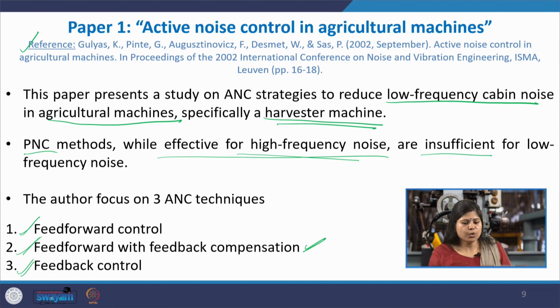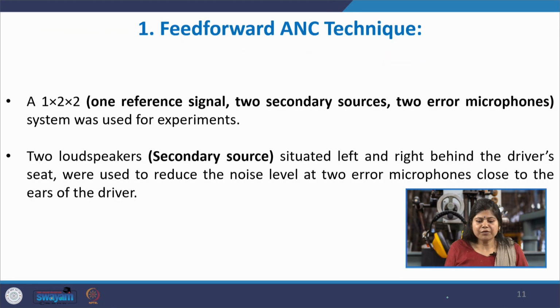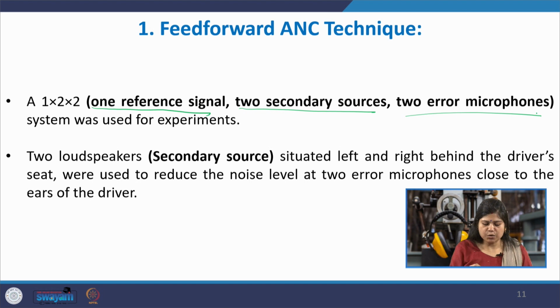So, all 3 versions were applied. For the feed forward ANC technique, a 1x2x2 system was used for the experiment. It was tested using 1 reference signal, 2 secondary sources, and 2 error microphones. 2 loudspeakers were used, situated on the left and the right behind the driver's seat, to reduce the noise level at the 2 error microphones close to the ears.